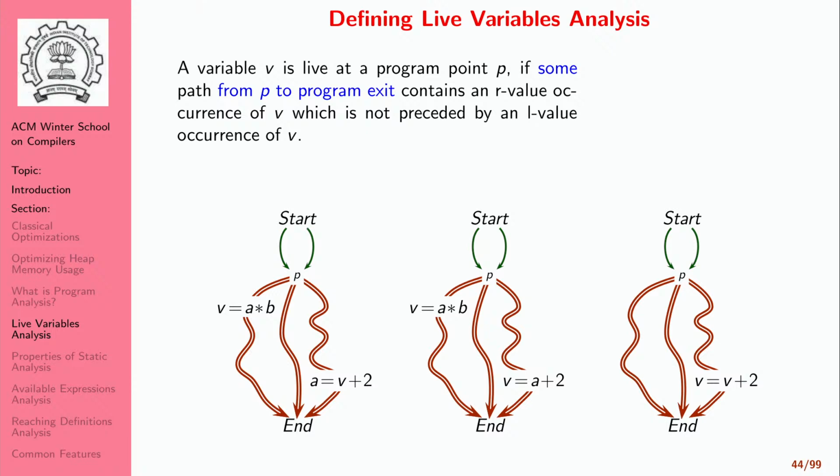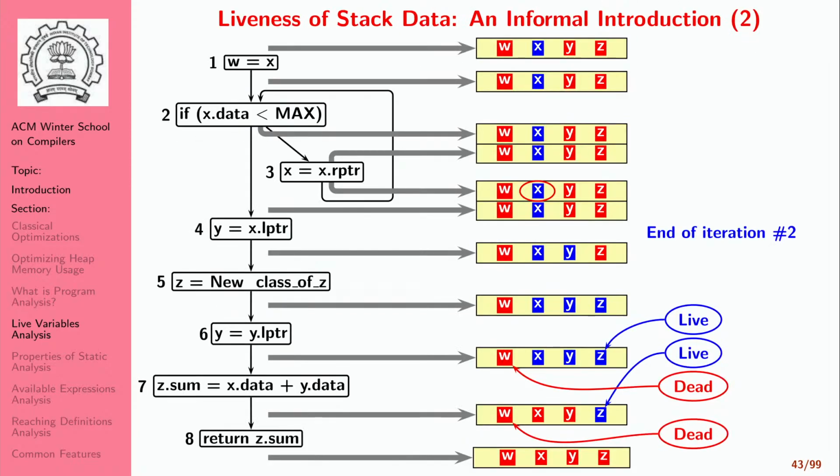Now, in the presence of pointers to objects, this becomes funny, because although here we have Z appearing on the left hand side, it is actually an R value occurrence of Z, not an L value occurrence of Z. Here Y is appearing on the left hand side, this is an L value occurrence of Y. Here we have an L value occurrence of Y, but this is an R value occurrence of Y. The same variable may have an L value occurrence and an R value occurrence. An L value occurrence will always have to be on the left hand side, but an R value occurrence may be on the left hand side or on the right hand side.